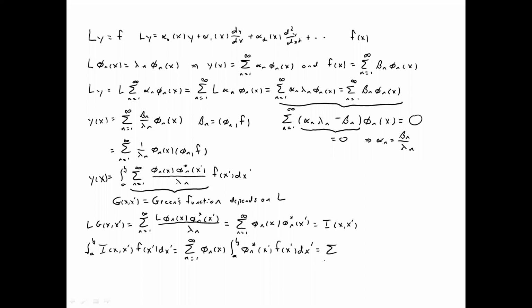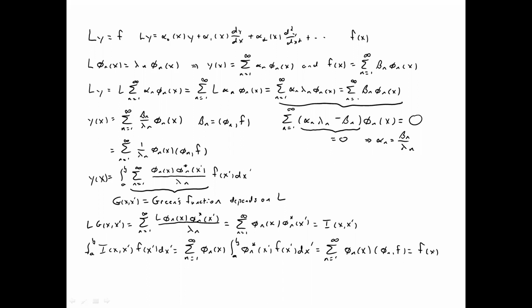But this is the sum from n equals 1 to infinity of phi n of x times the inner product of phi n with f. What is that last term equal to? f of x. Yes, that's equal to f of x. Good.